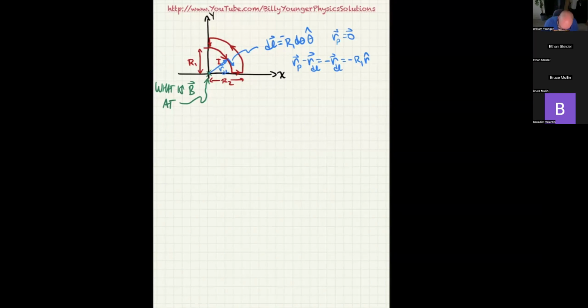So now I can say B is equal to the integral of dB, which is mu 0 I over 4 pi times the integral of negative R1 d theta theta hat cross negative R1 R hat, all divided by the magnitude of RP minus RDL, which is clearly R1. So that's going to become R1 to the third power.